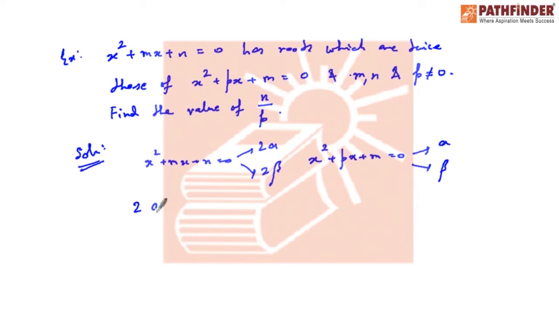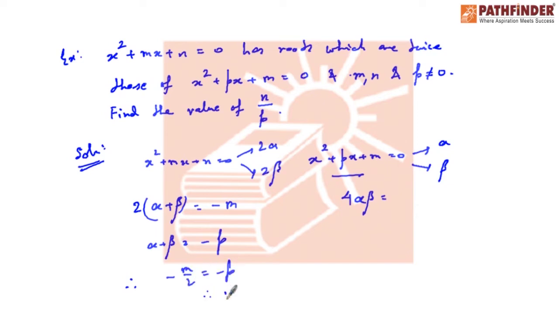From here you can say 2 times alpha plus beta is equal to minus m, and from here you can say that product of roots alpha beta equal to m, so 4 alpha beta is, of course here we can also write that alpha plus beta from this equation is minus p. Therefore you can eliminate alpha plus beta and write minus m by 2 equal to minus p, that is m equal to 2p.